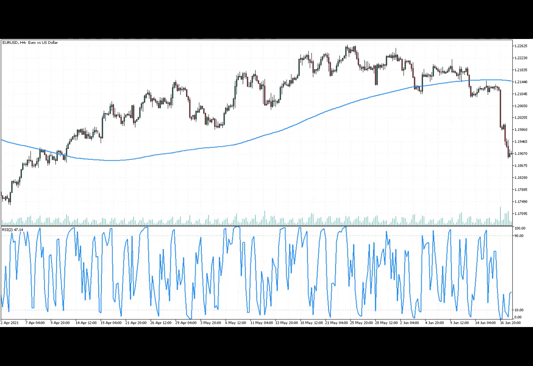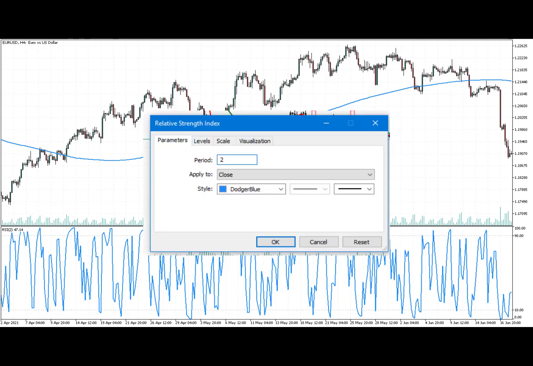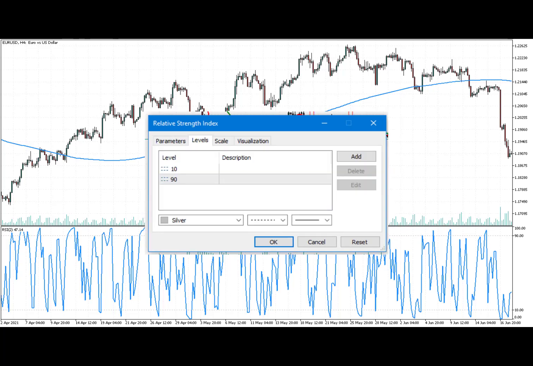Here are the steps to using this RSI strategy. Plot a 200 period simple moving average to determine the overall price trend. Add the RSI indicator and change the settings to 2 periods. Adjust the levels for overbought and oversold to 90 and 10.